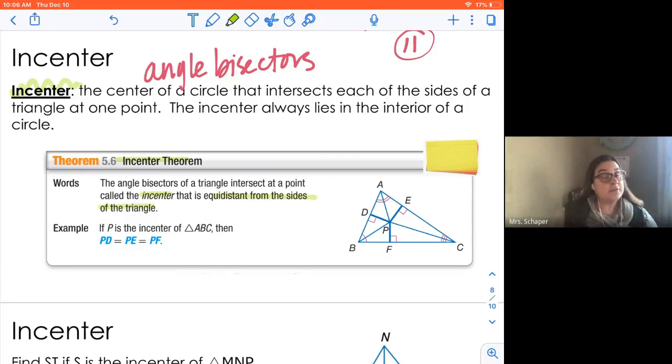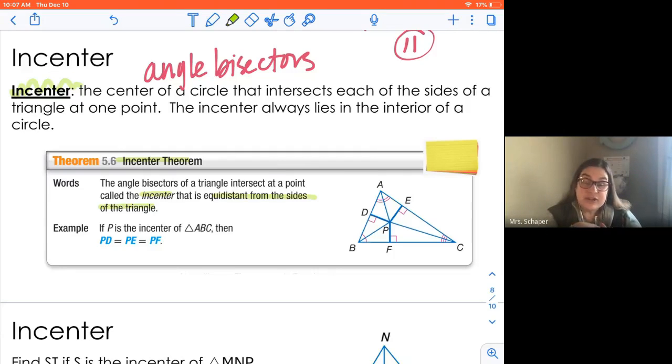So if we think circumcenter was the point of concurrency for the perpendicular bisectors, that was equidistant from the vertices. Here we have angle bisectors. That point of concurrency is called the incenter, and that is equidistant from the sides. Drawing those connections back and forth is helpful.